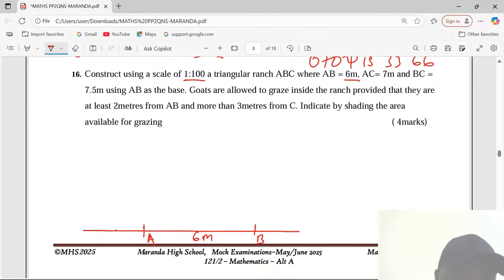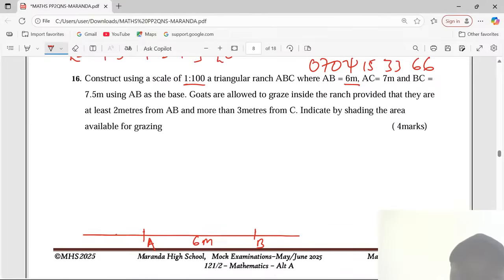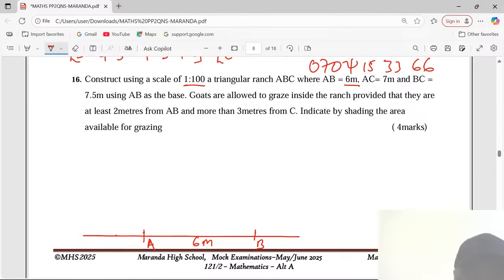Now we take our compass and measure 7 centimeters. After measuring, you stand at A and make an arc. Then you measure 7.5 and you stand at B and make an arc.